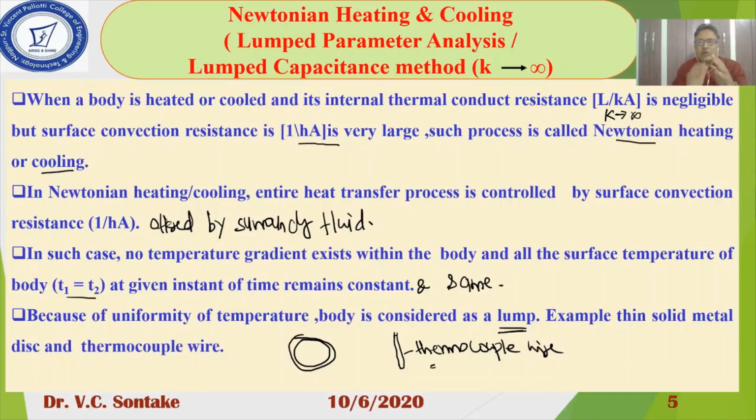So heating and cooling of a thin disk and of a thermocouple wire are the two examples of Newtonian heating and cooling. And since there is no internal thermal conductance resistance in Newtonian heating and cooling, the temperature of the entire body remains constant.